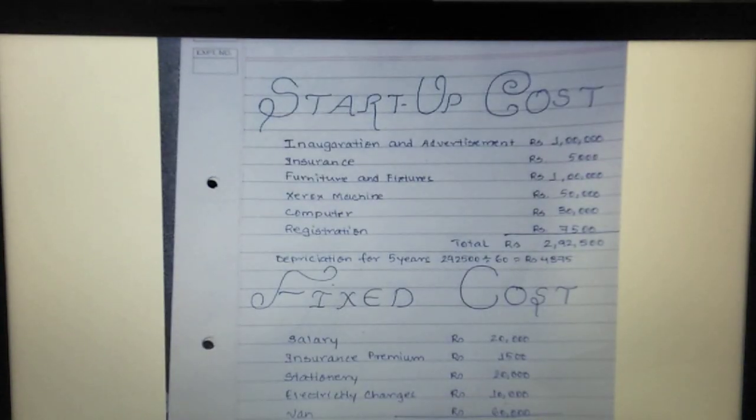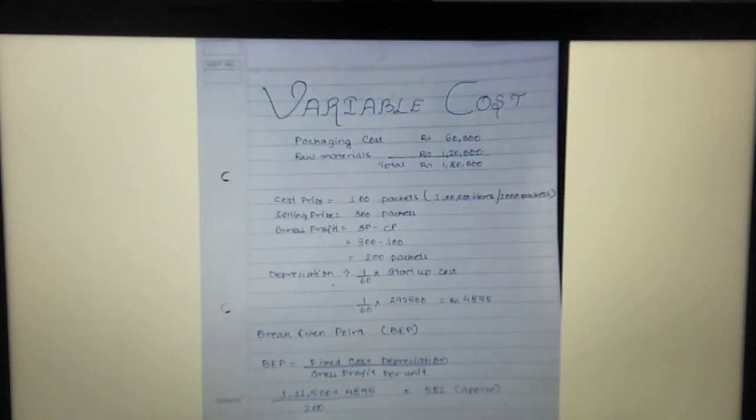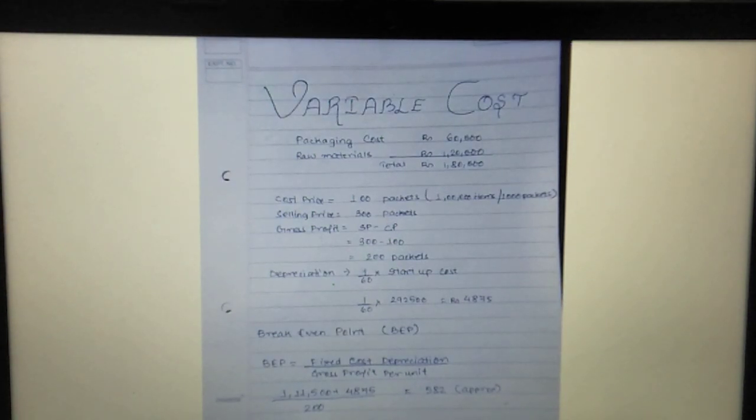Next, the cost for running the business. In this way you will calculate the startup cost as well as the fixed cost for your business. So this is the entire costing. Then comes the variable cost. This is the entire strategy for calculating the variable cost as well as the break even point.